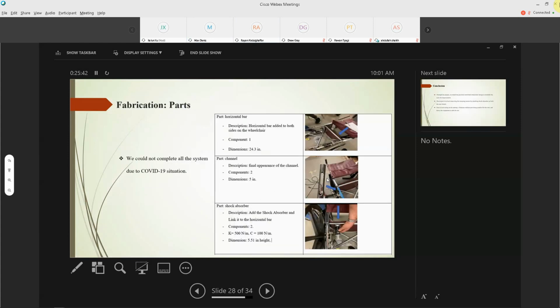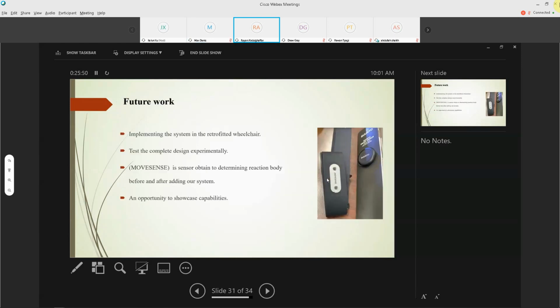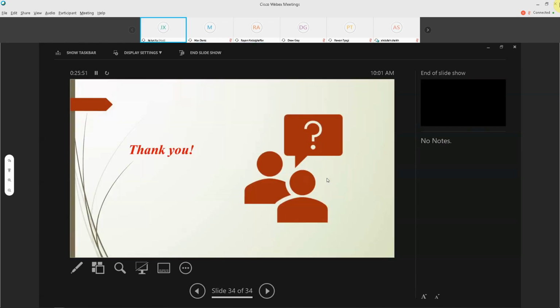We don't have it in here, but it's in the report. Okay. So that is part of the plan. You wanted to assess your design, and I think you did that before the spring break. Is that right? Yes. Okay.